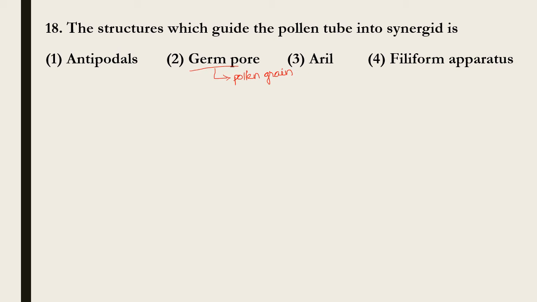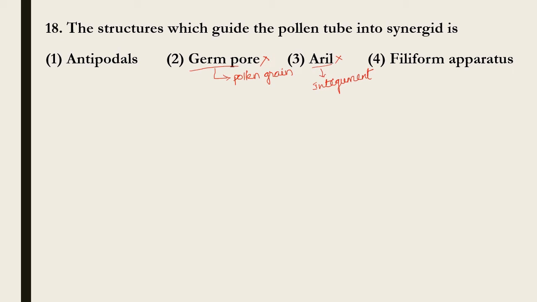That means the intine comes out through the germ pore as a pollen tube. So that's why it is not our answer. And aril is an extra feature of the integument, so it is also not considered for our answer.